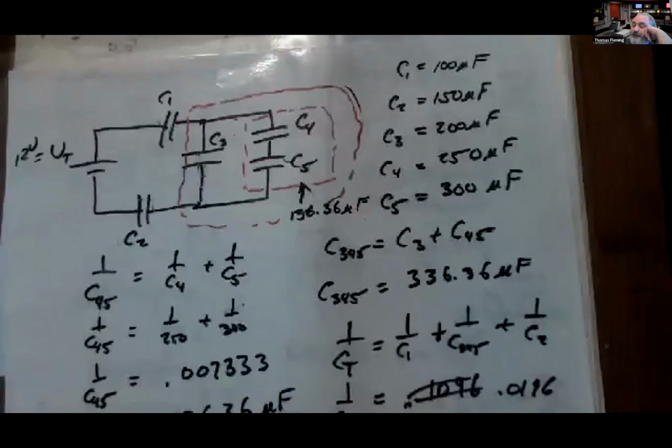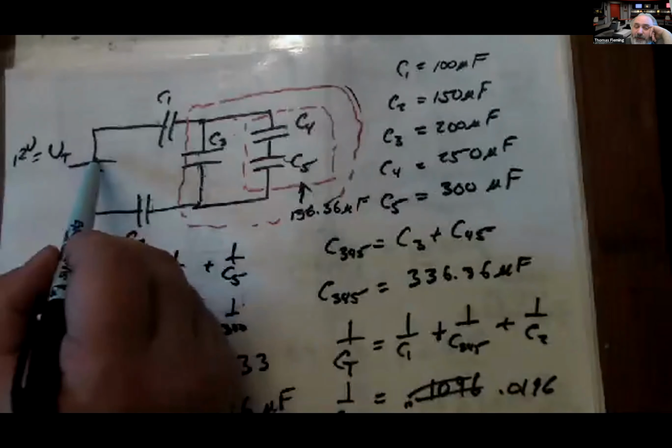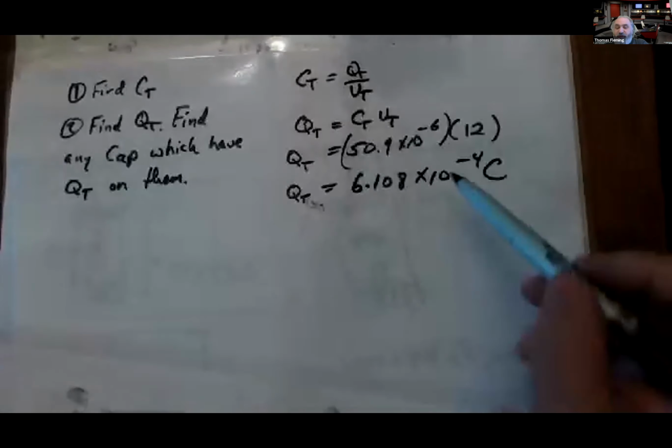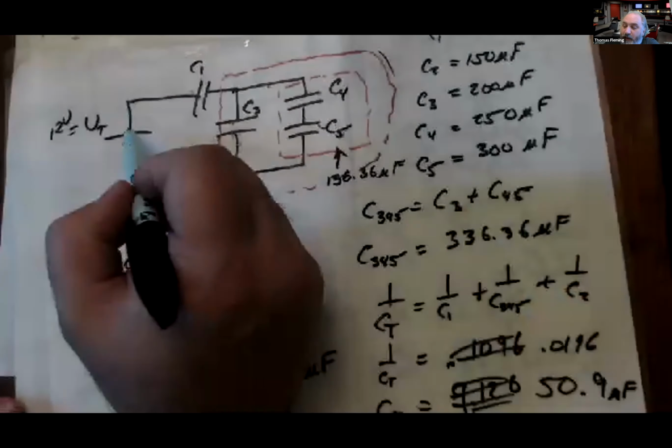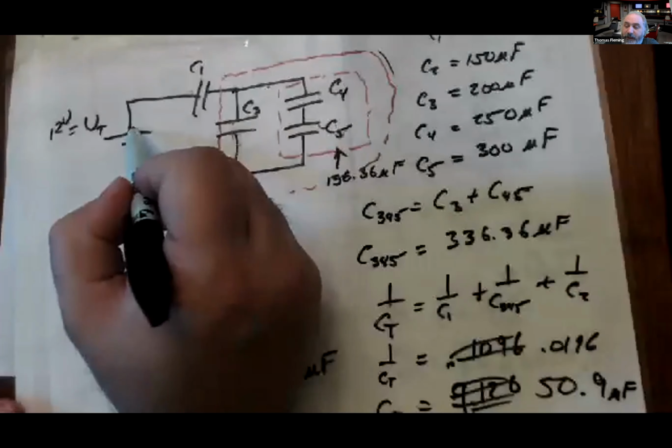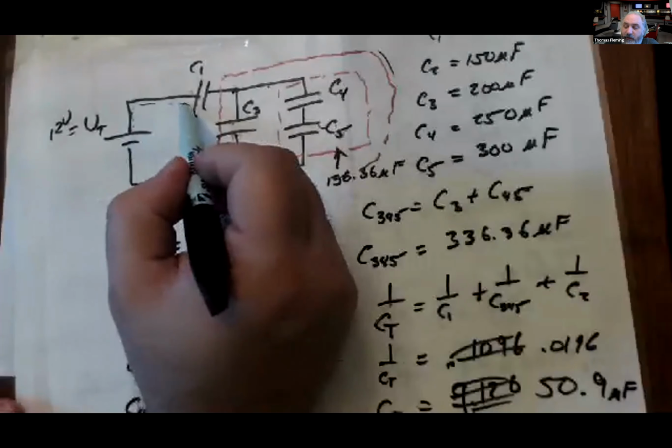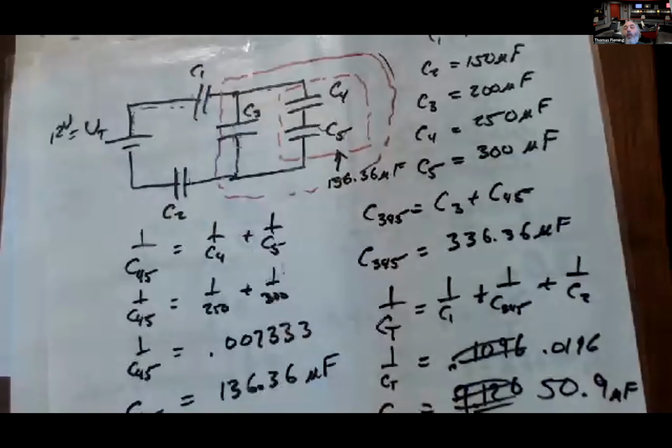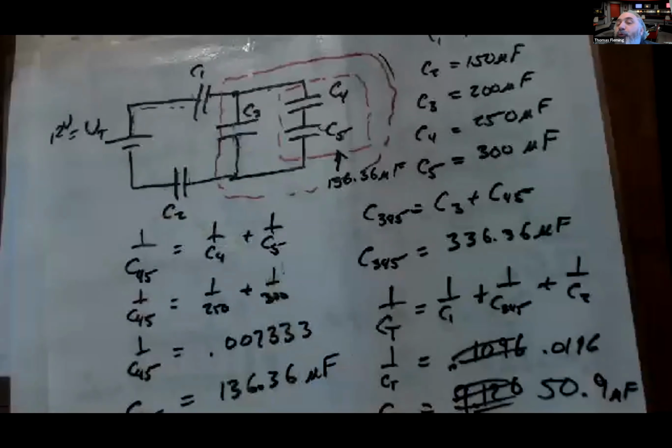So, back at my original circuit. Here's my battery, and I have this much charge coming out of this battery. It's going to come out here. I'm going to get to capacitor 1, and there's no way to come out of the battery without going through capacitor 1. That tells me that capacitor 1 has to have the full Q total charge on it.